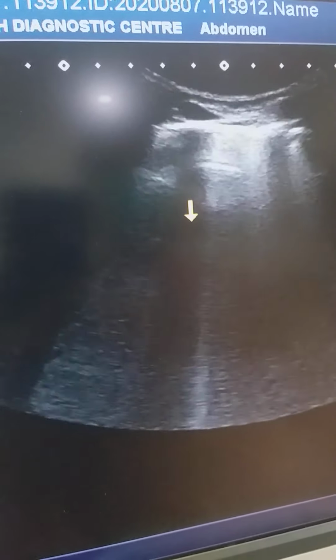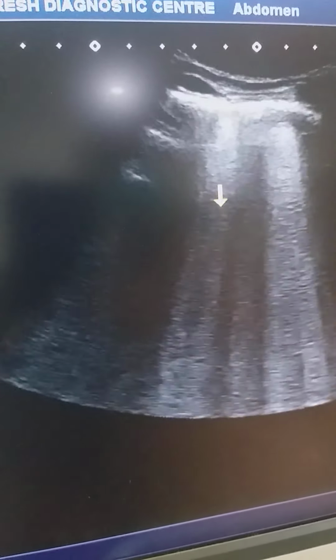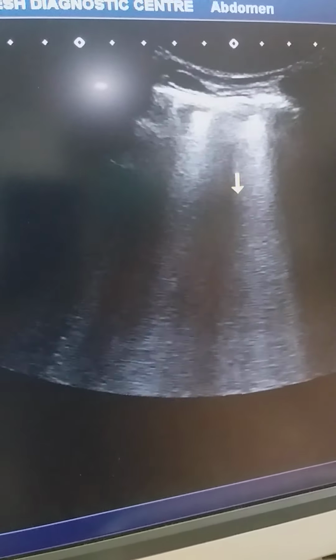So you can see the interlobular septal thickening in the lower zone on the right side and on the left side. The upper chest is normal on X-ray also. This is telling the same findings as the ultrasound chest is telling.